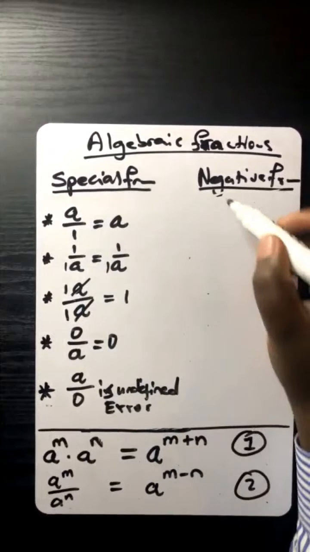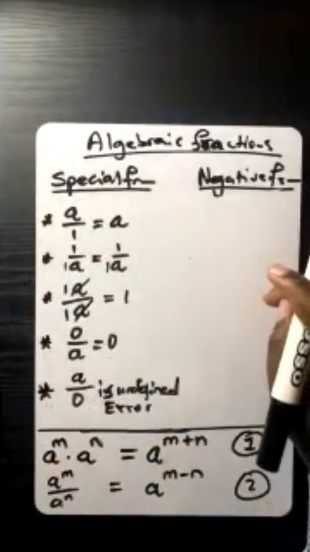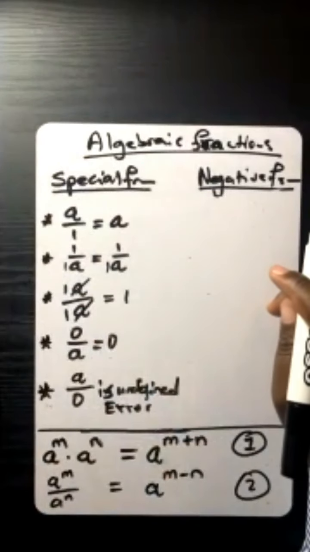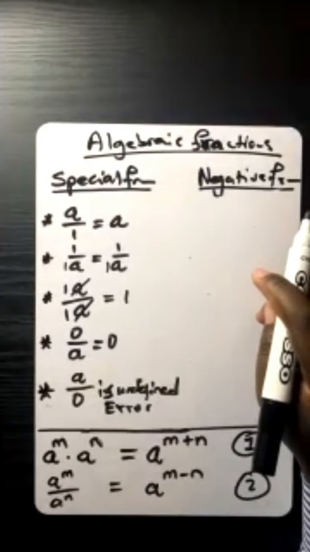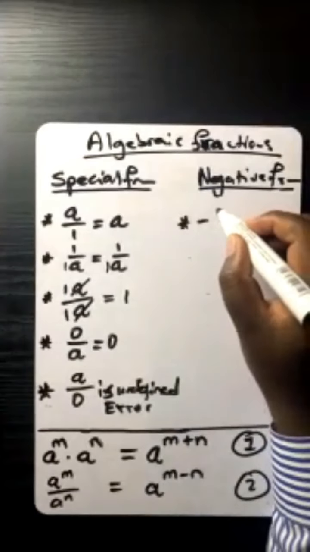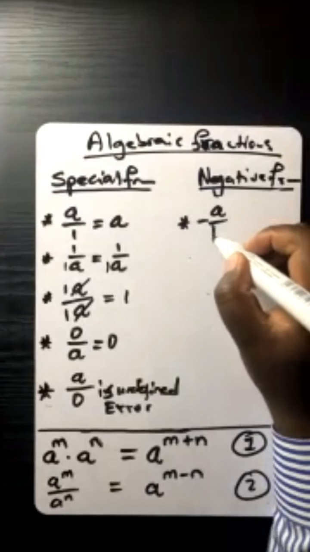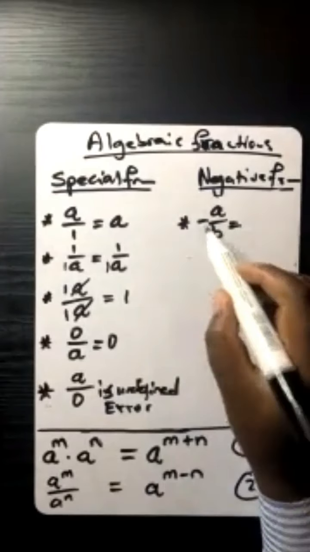You will notice the importance of us learning all of this when we deal with the math problems. And again, we've got negative fractions. So let's check. Under negative fractions, let's say we've got negative a divided by b. So guys, can you see that negative?